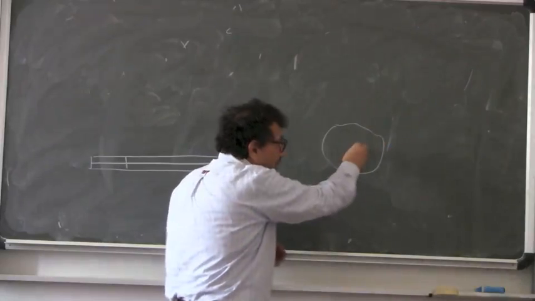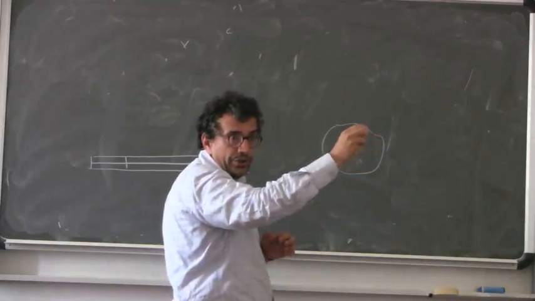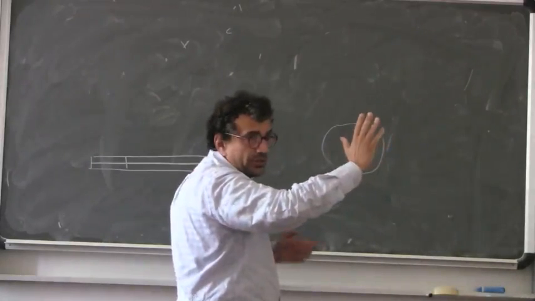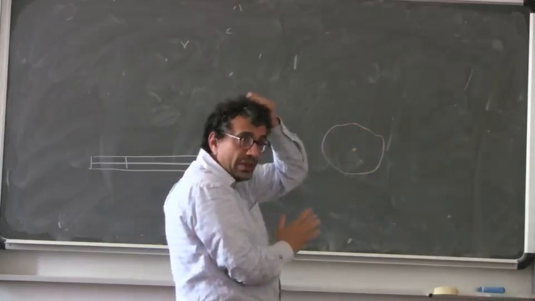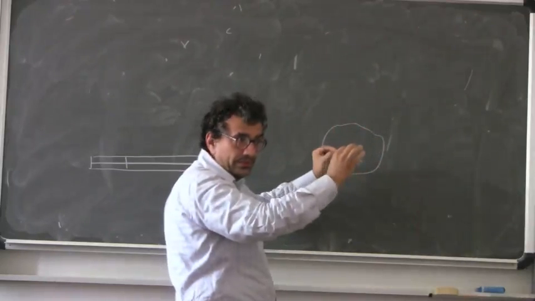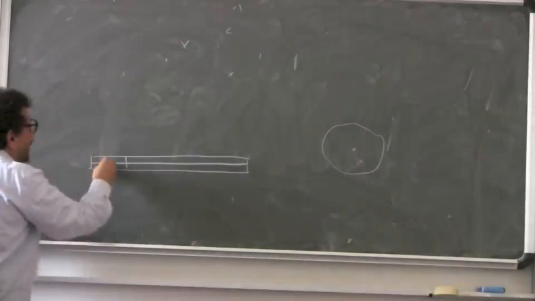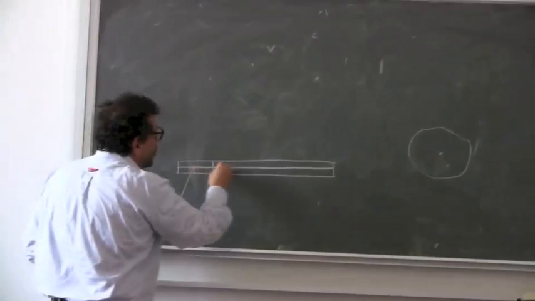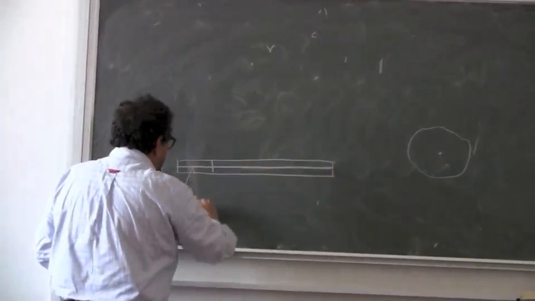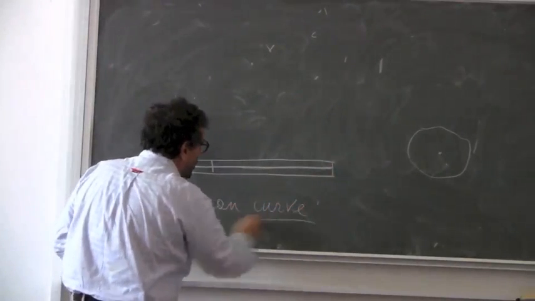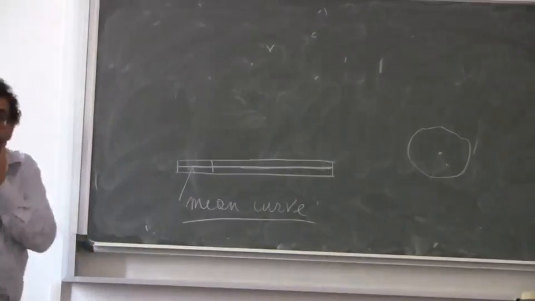The centroid is spanning a curve. If you are moving this in the correct way, orthogonally to the plane of the section, you get a straight line. Okay? This straight line is drawn here, and it is the mean curve.